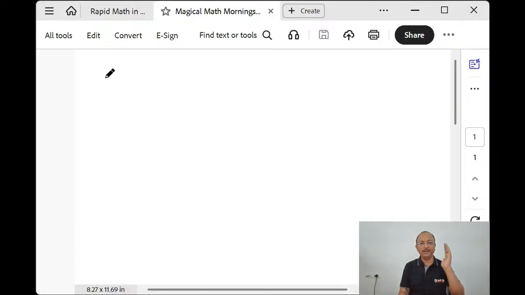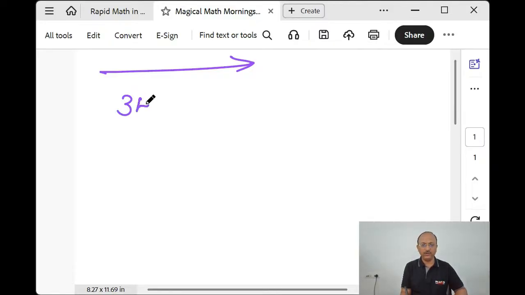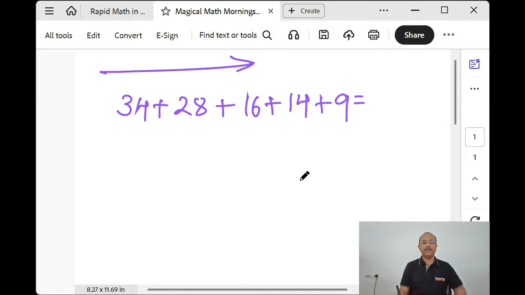Addition from left to right in this direction. Let's take some numbers: 34 plus 28 plus 16 plus 14 plus 9. Instead of adding the units digits, we are going to consider the tens digits.